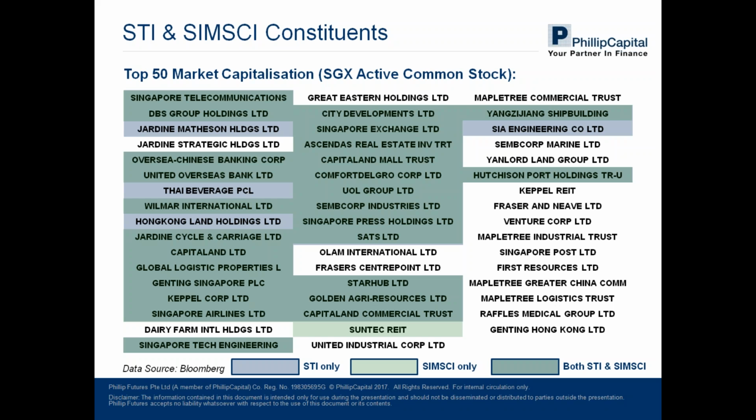The STI has 30 constituents, while the SIMSCI has 27. The key differences are Jardine Matheson Holdings, Thai Beverage, Hong Kong Land, and SIA Engineering, which are in the STI but not the SIMSCI. On the other hand, you have Suntec REIT, which is in the SIMSCI but not the STI.